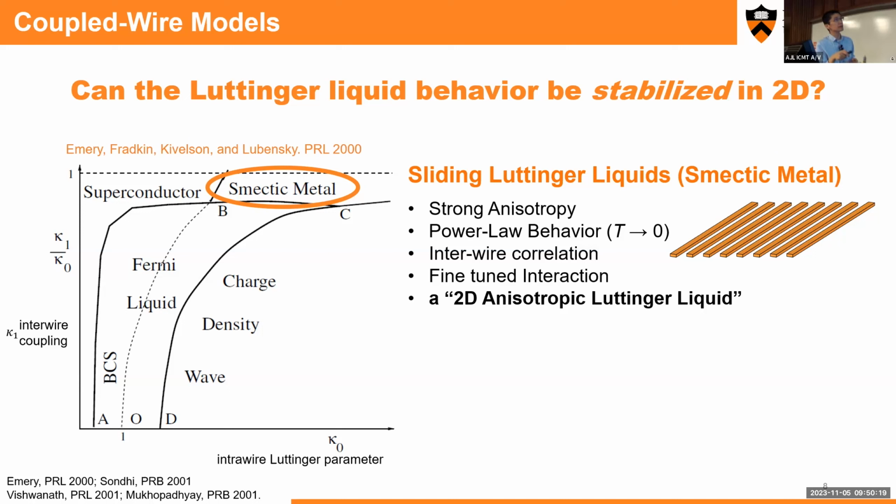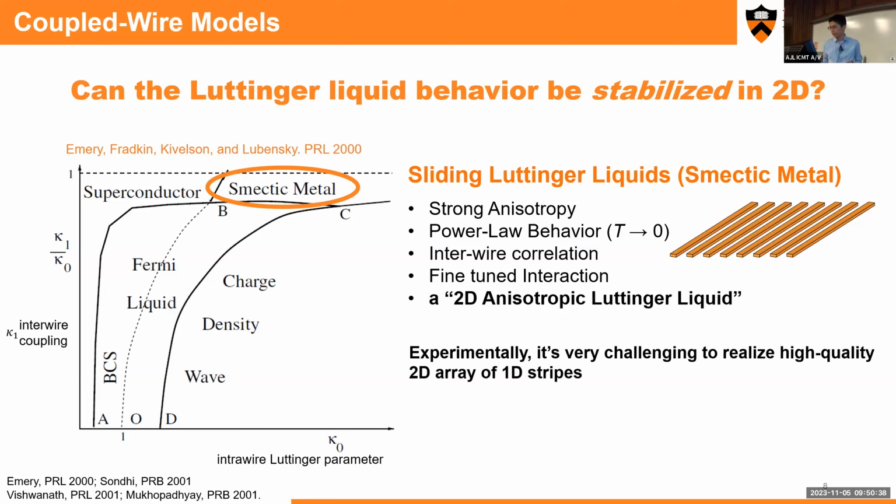This is the phase which they name the symmetric metal or sliding Luttinger liquid. In this phase, it shows strong anisotropy, parallel behavior, and also a very strong inter-wire coupling. It is also a kind of two-dimensional anisotropic Luttinger liquid.